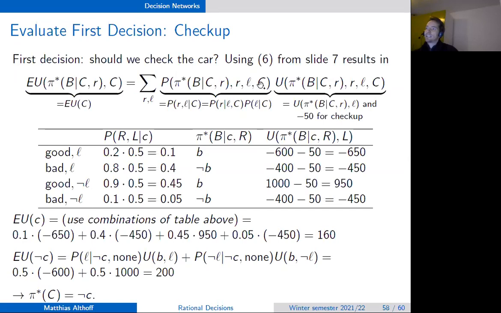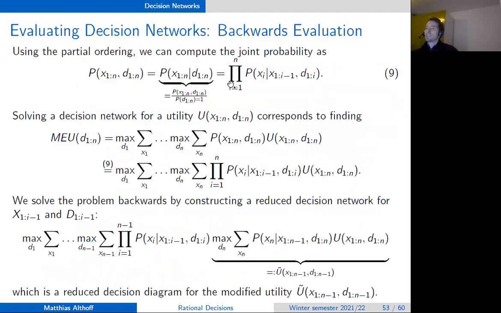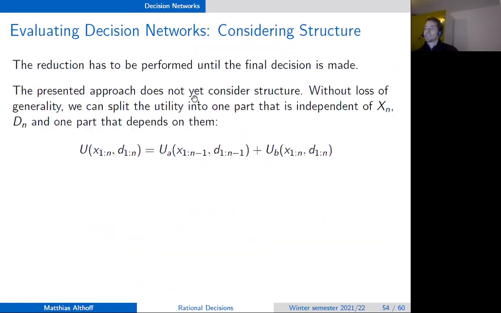And R, L, and C, the joint probability is the same as the probability of R and L given C, because C is a decision variable, whether we perform the checkup or not. This is the same argument that we used here, where we said, okay, the joint probability is the same as the conditional probability because the decision is certain. So the probability here is 1 of the decision.